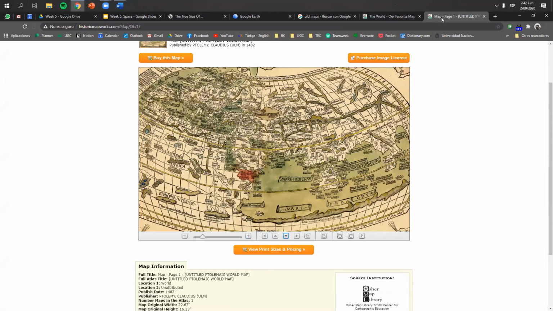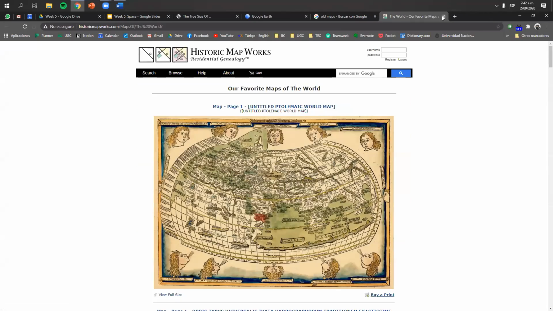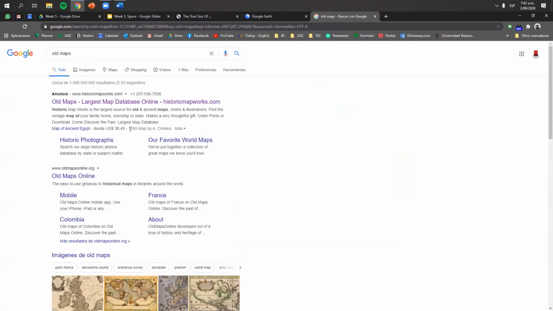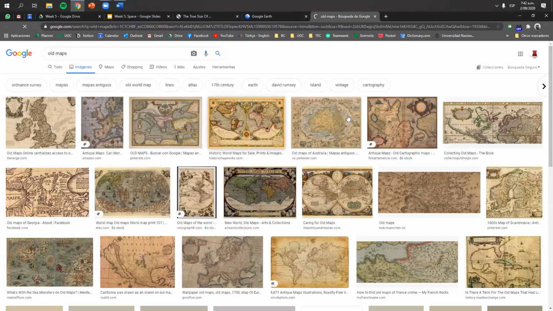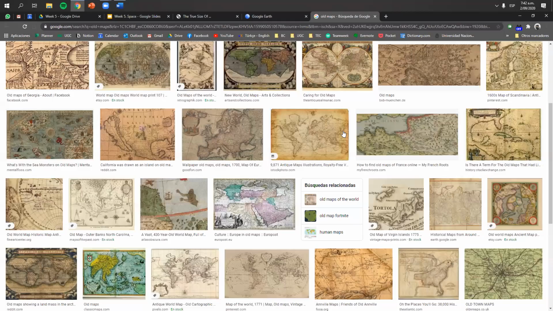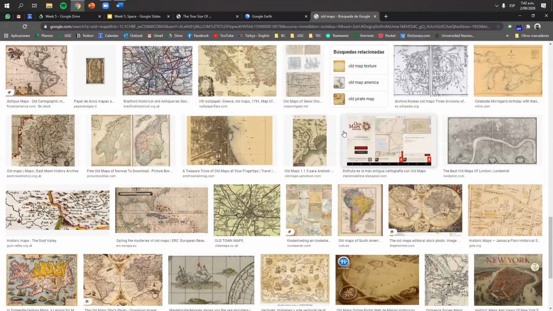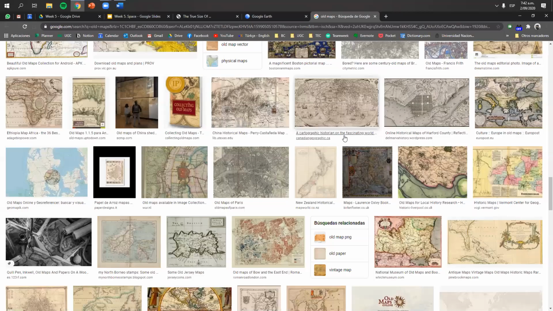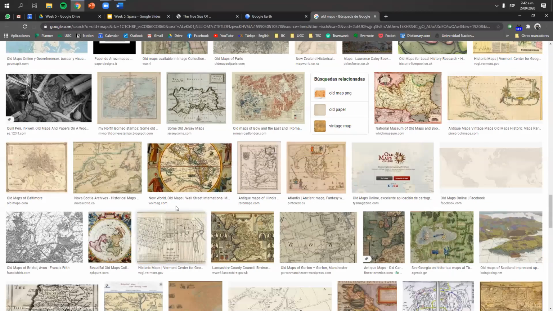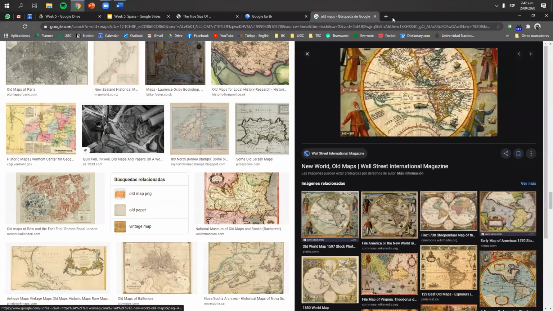So yeah, cartography was absolutely different back then, and now we have other kinds of techniques, right? I was looking for something, as you mentioned, how the maps would be represented with animals and stuff. But anyways, yeah, it was absolutely different.